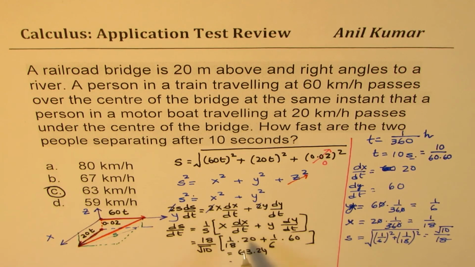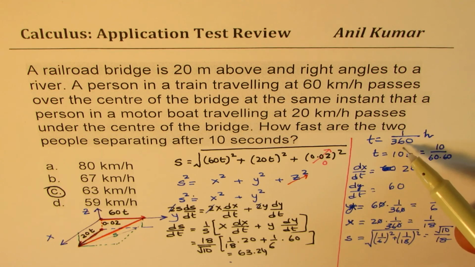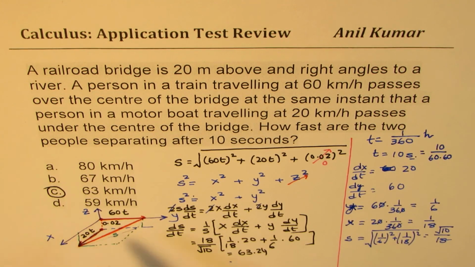Now differentiating both sides, we get our equation, and to get the exact value, we work on the initial situation. At t equals 10 seconds, which is 1/360 of an hour, if you multiply all these speeds by time, you get distance, x and y, and also the separation. Plug in the values and calculate the answer.